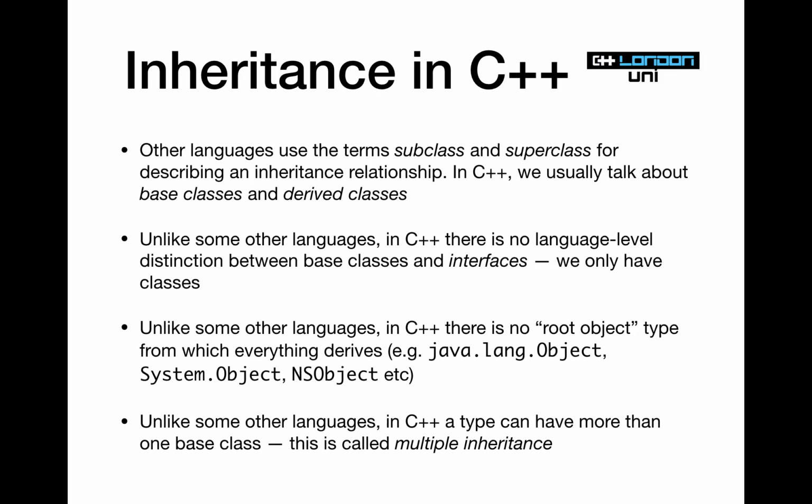It's something a lot of people recommend against, and that's why when they were designing Java in the 90s, they got rid of multiple inheritance and instead said, okay, you can have one base class and implement as many interfaces as you like. C++ says, okay, we're not going to have interfaces, we're just going to have classes, but you can inherit from as many classes as you like.